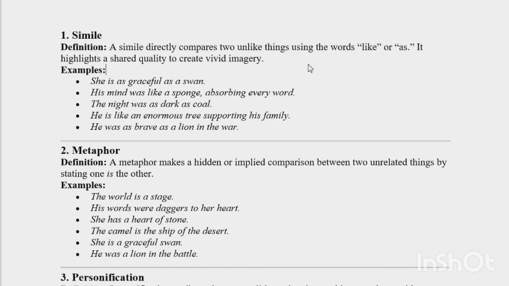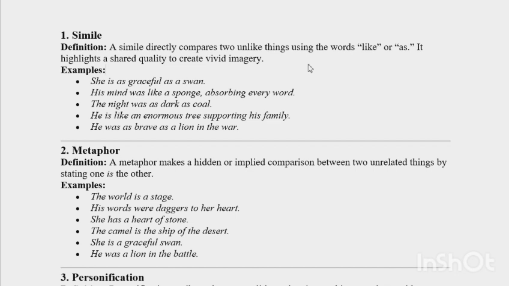So, if in a statement we see words like or as, and there is a comparison between two things which don't belong to the same group, then that particular statement has an example of simile in it.